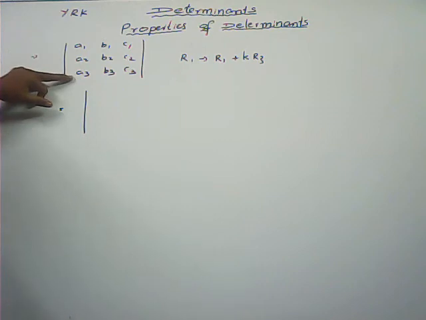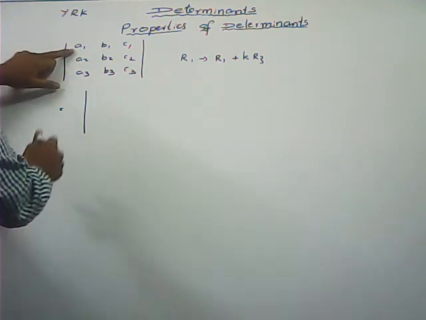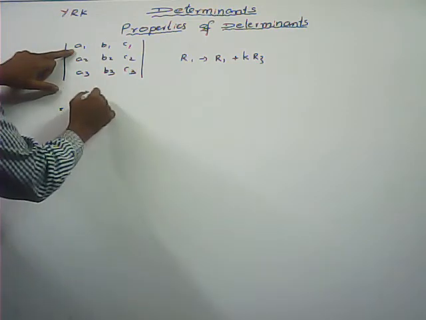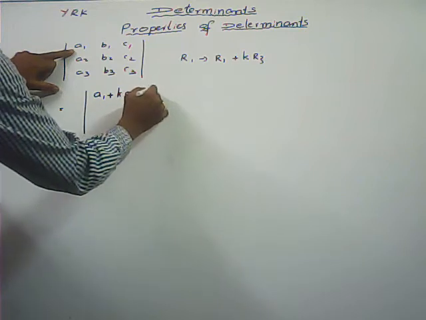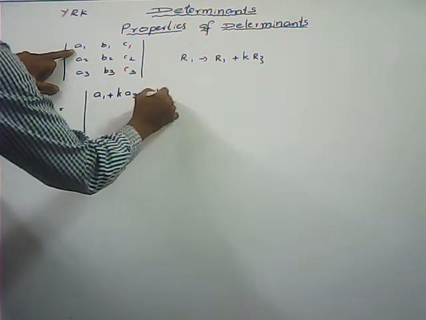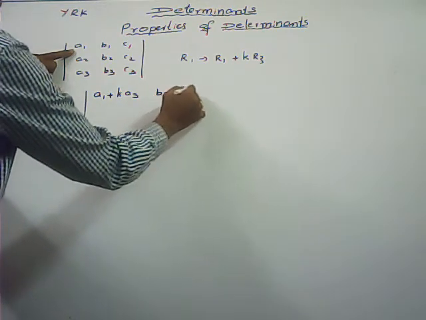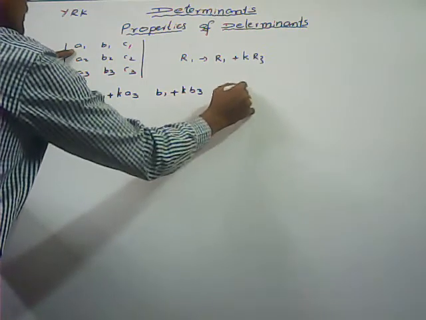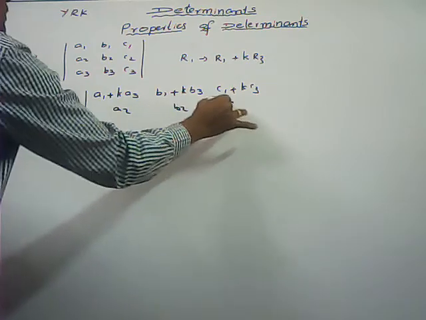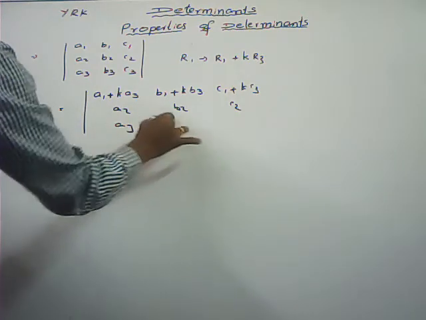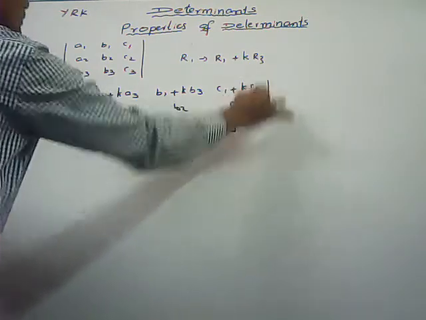Here R3 should be multiplied by K, and then we can add it to R1: A1 plus KA3, B1 plus KB3, C1 plus KC3. Here A2, B2, C2, A3, B3, C3.